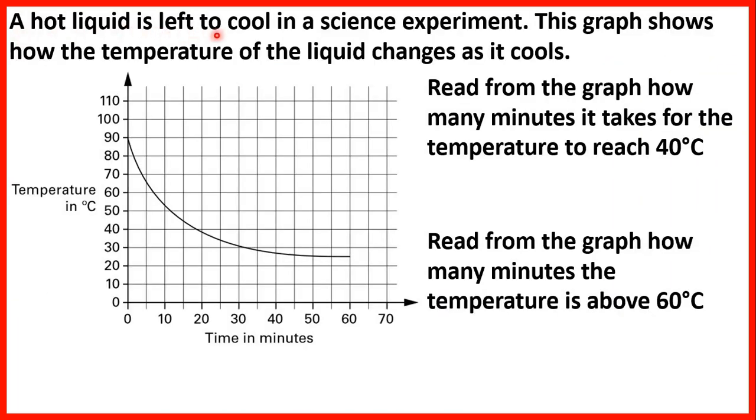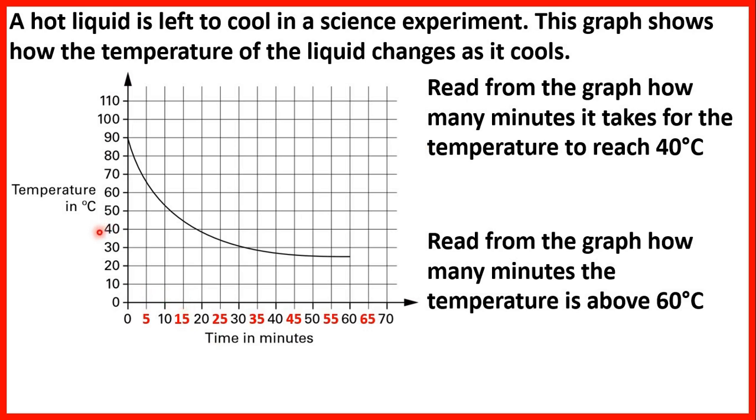A hot liquid is left to cool in a science experiment. This graph shows how the temperature of the liquid changes as it cools. Read from the graph how many minutes it takes for the temperature to reach 40 degrees. So we can see that the time in minutes is going up by 5 minutes with each line.